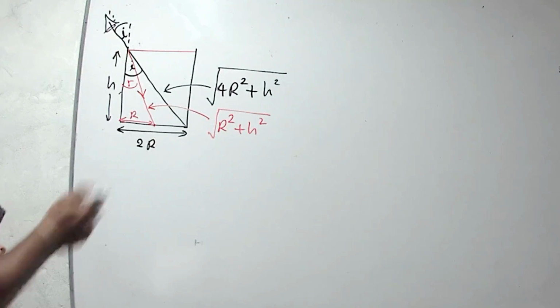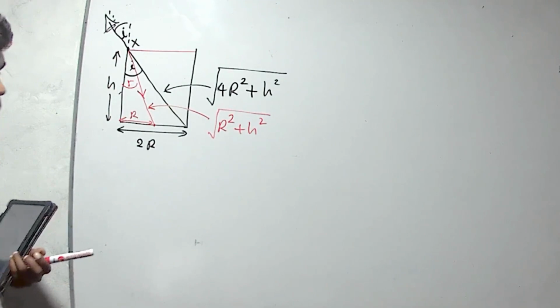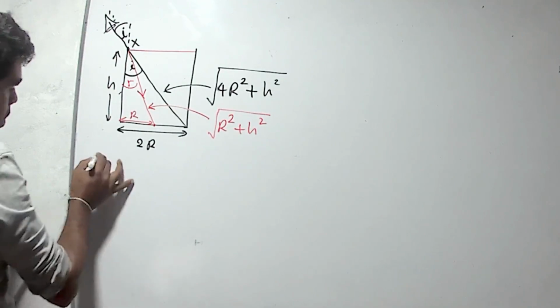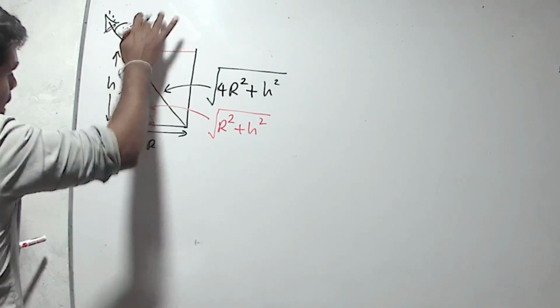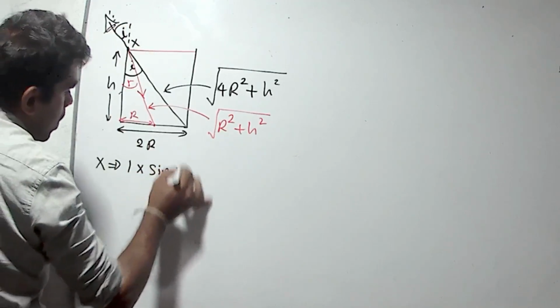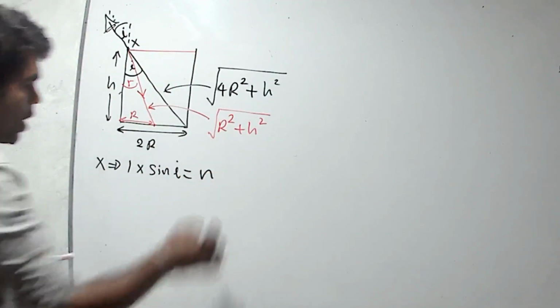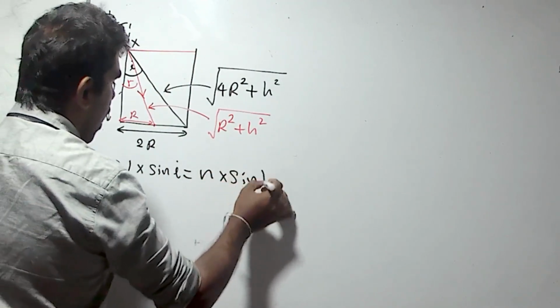Now we can use Snell's law for the point x by considering the second situation. 1 into sin i equals the refractive index of the liquid n into sin r.